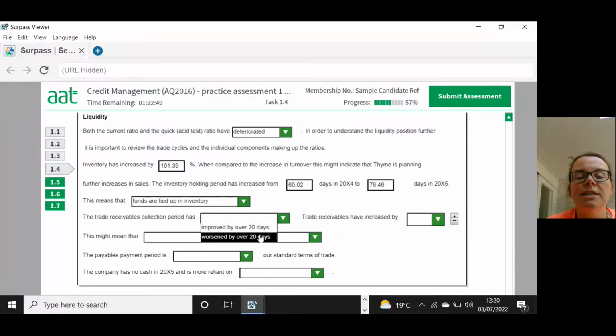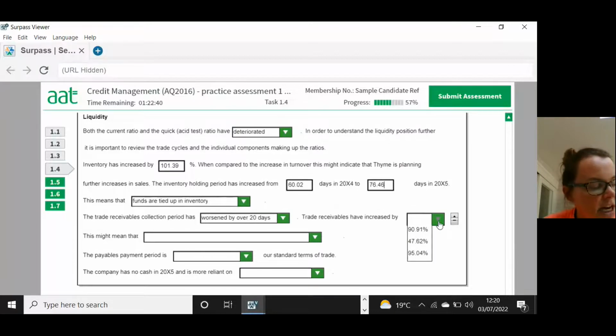So it has worsened by over 20 days. Trade receivables have increased by, so another percentage change calculation, and it works out this time as 90.91%.